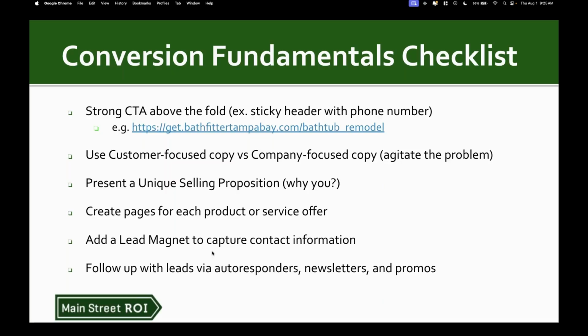The alternative is that if we don't try to capture their information, then we have to get them back to the website all over again, because once they leave, they're gone. But if we capture their email, then we can enter them into an email sequence. If we have a newsletter, we can add them to that. Another benefit to that is having that first party data.